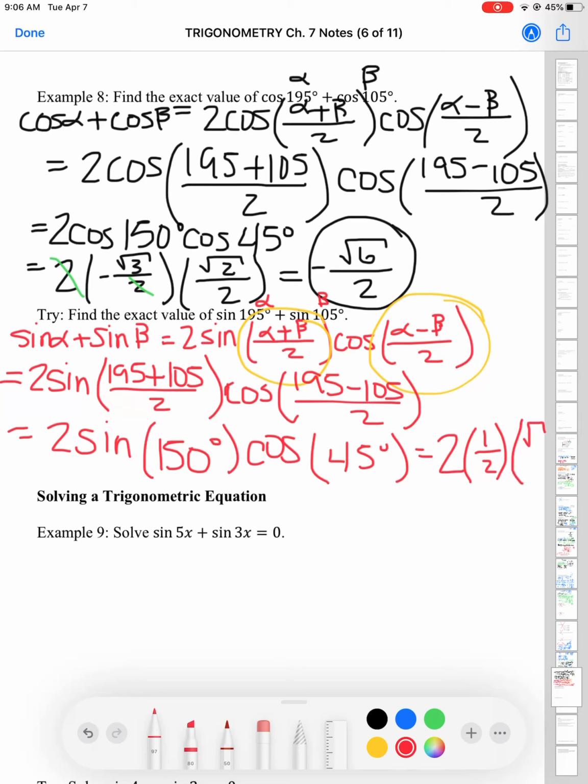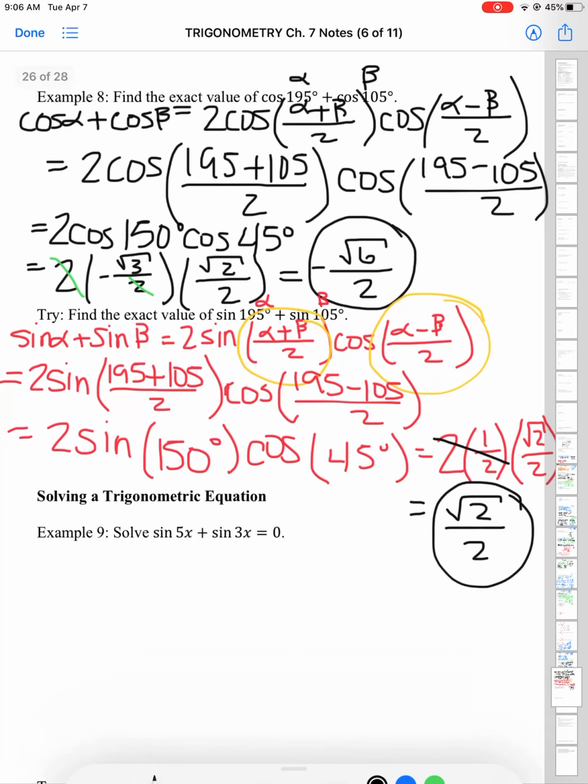And then cosine of 45 degrees is again root 2 over 2. Simplify. So our answer ends up being root 2 over 2, which ends up quite nicely. Okay, so in the next examples, we're going to be using these formulas to solve equations. So that'll be in the next video.